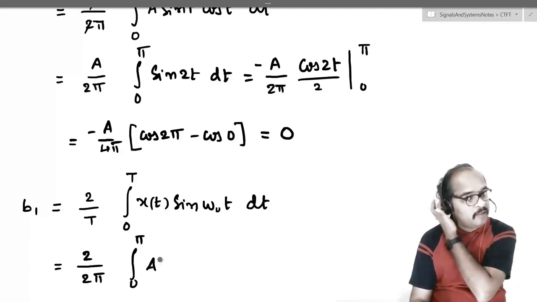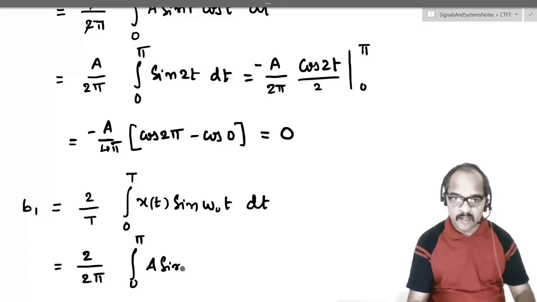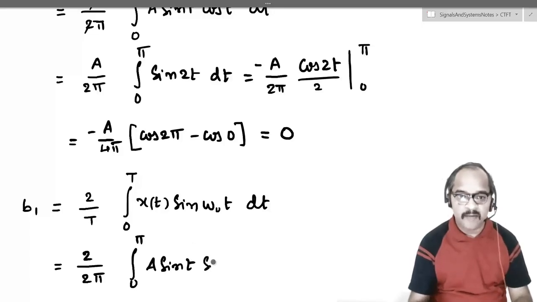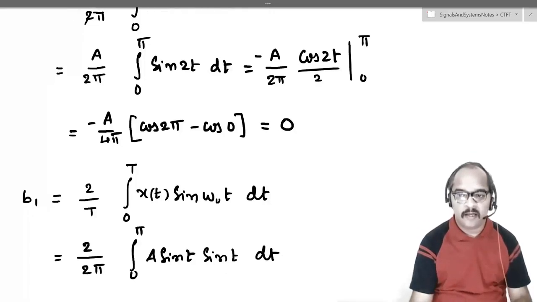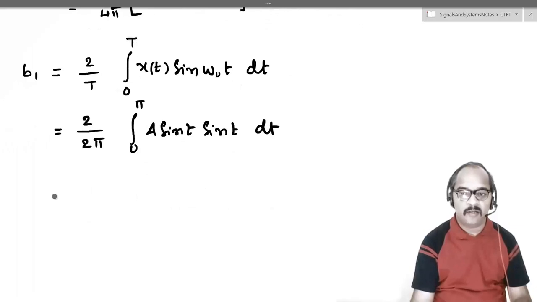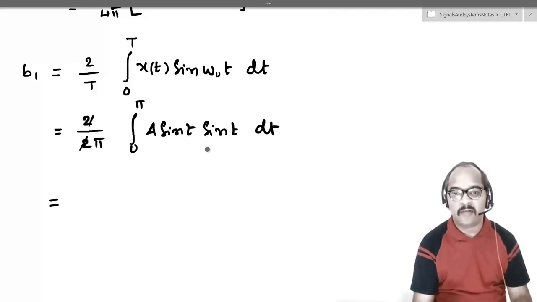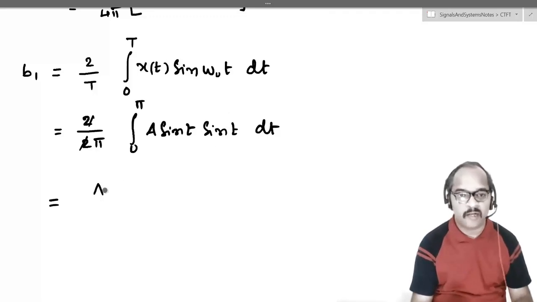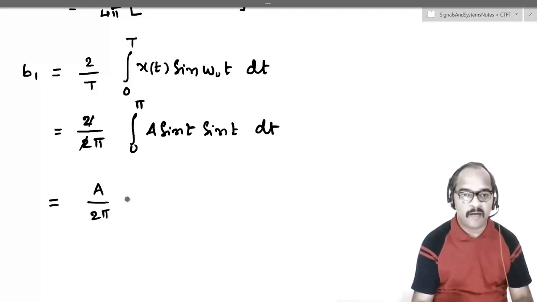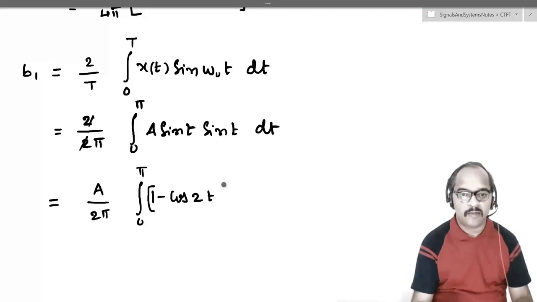X of t in this limit is A sin t multiplied with, again omega naught is 1, sin t dt. So 2 will get cancelled out. You will get sin squared t. Sin squared t can be written as 1 minus cos 2t by 2. So we will write that as A by 2 pi integral 0 to pi of 1 minus cos 2t dt.